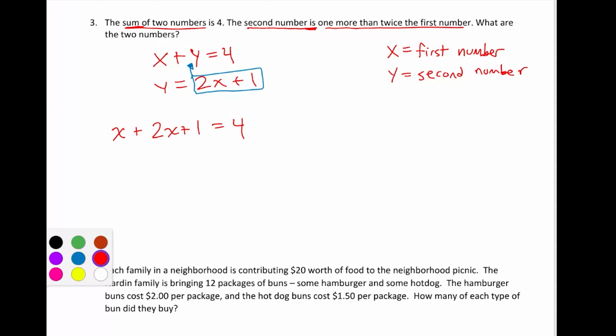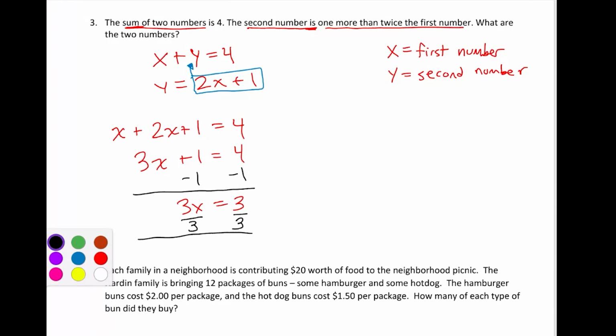x and 2x make 3x. Now I've got a nice little two-step equation. So I'm going to subtract 1 from both sides to get 3x equals 3, and then finally divide both sides by 3. So the first number is 1, and if they add up to 4, what does the other one have to be? 3.